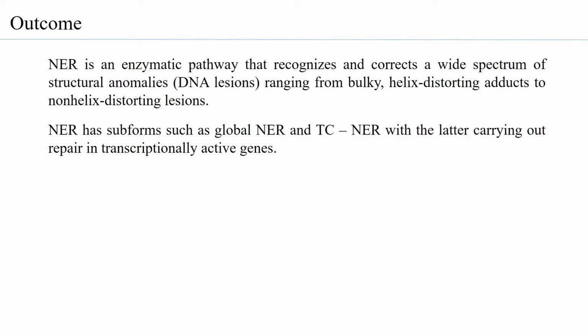Now, NER has subforms. That means it can be what is called the global genomic NER and transcription coupled NER, with the latter carrying out repair in transcriptionally active genes.